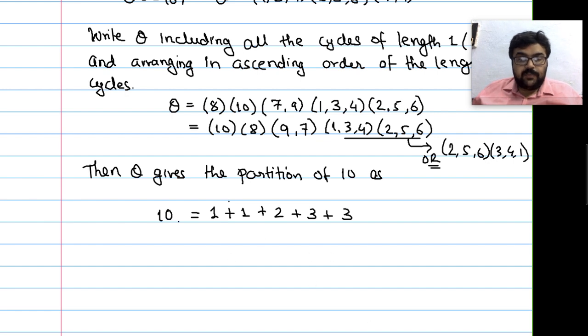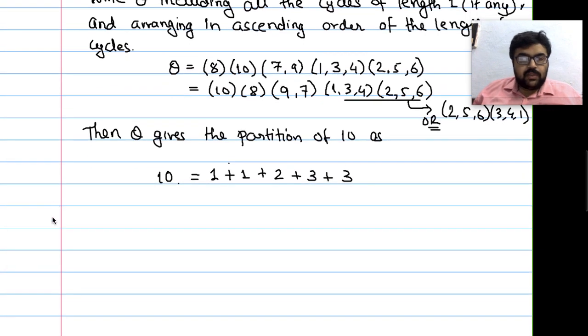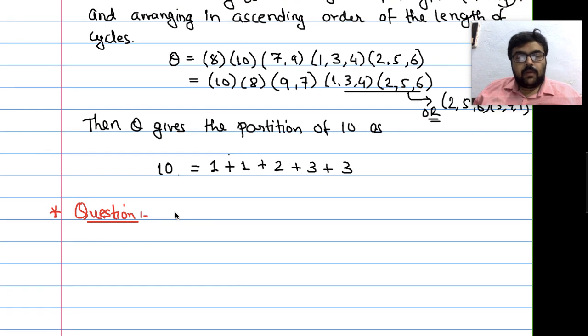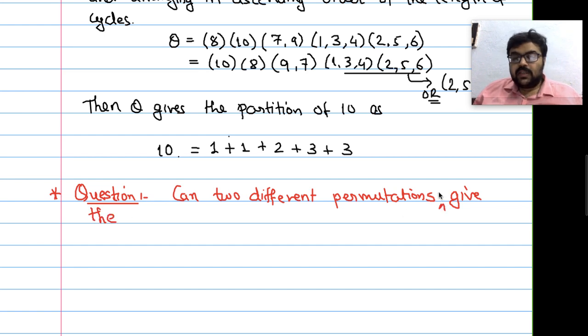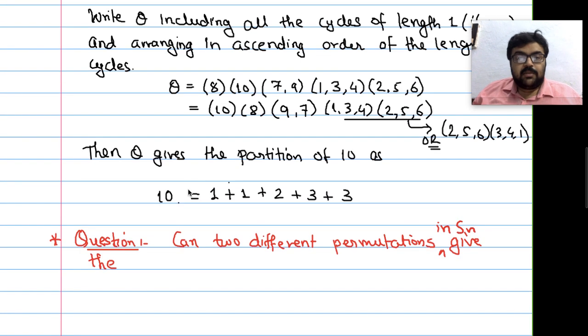Now the question is, can two different permutations in Sn, suppose in S10 we take another permutation, give the same partition?